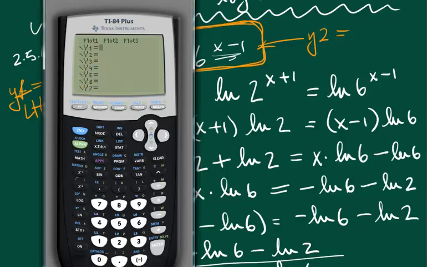Okay, so I have 2 raised to the x plus 1. And I have 6 raised to the x minus 1. Okay, so let's zoom standard on that. There's one exponential curve.